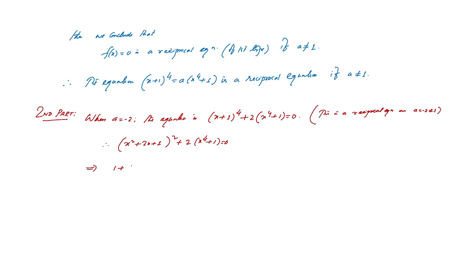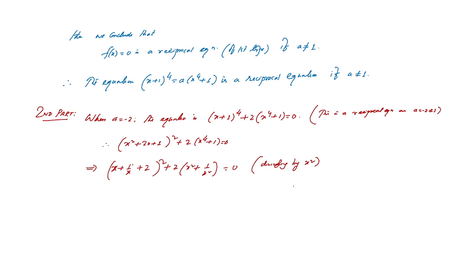We will get (x + 2 + 1/x)^2 + 2(x^2 + 1/x^2) = 0. So dividing by x^2 on both sides.